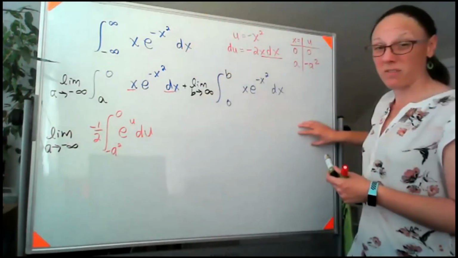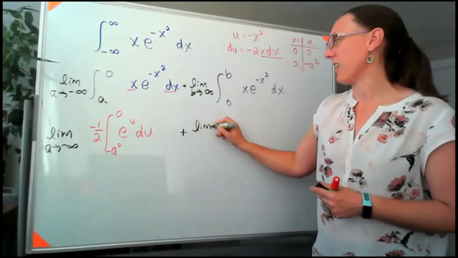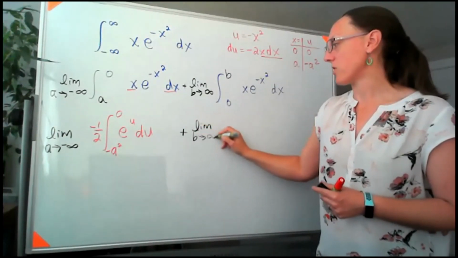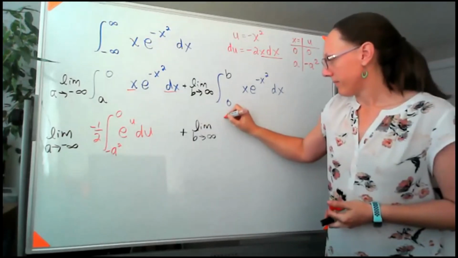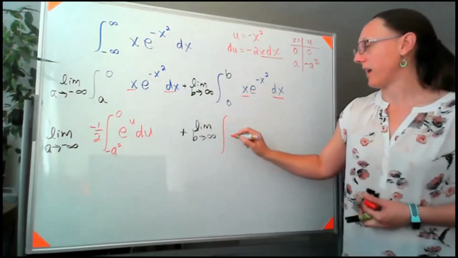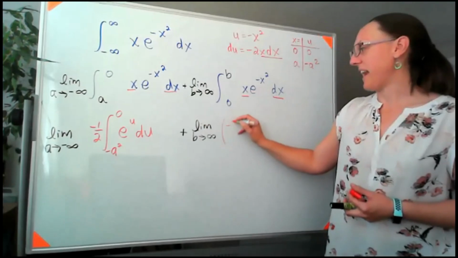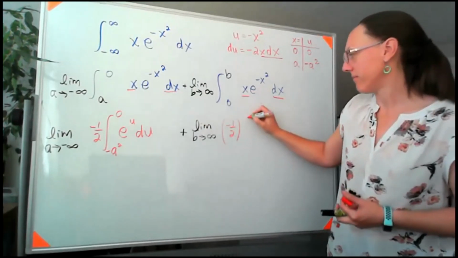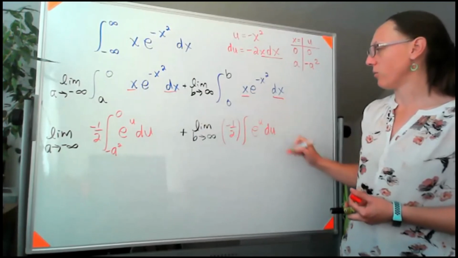If I do the same thing with this second limit and we do that exact same u substitution, I'll have the limit as b approaches infinity. My x dx will become negative 1/2, and then we'll have e to the u du.